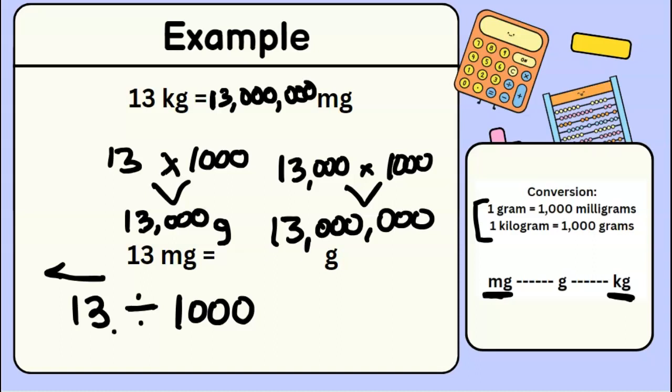So I'm going to start my decimal point back here. I'll move 1, 2, 3, fill in my 0, add my decimal point. So I know that 13 milligrams is equal to 13 thousandths of a gram.